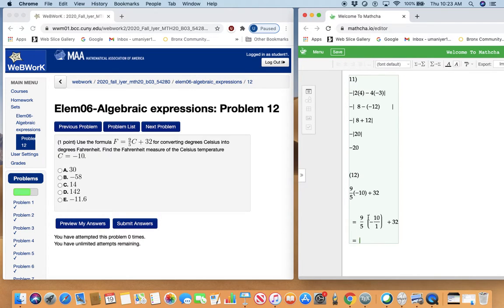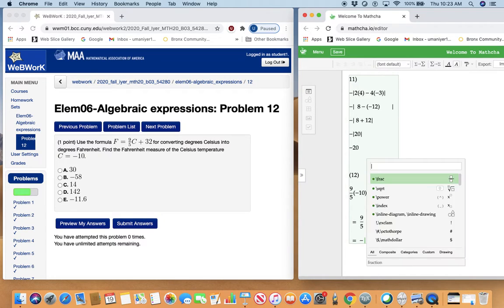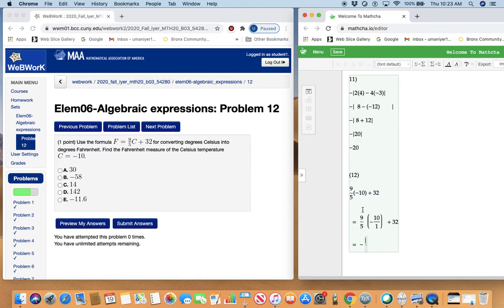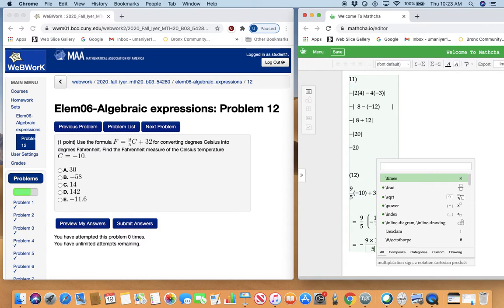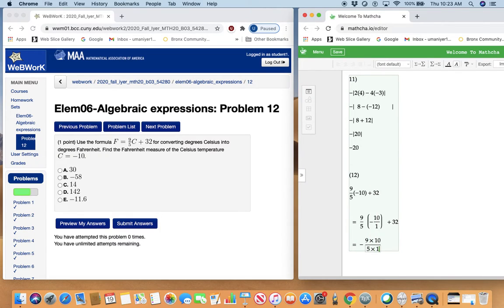Well, first reduce if you can. This is multiplication, so all the numerators combine. Let's write it this way: positive times negative is a negative, and a fraction, 9 times 10 upstairs and downstairs is 5 times 1.